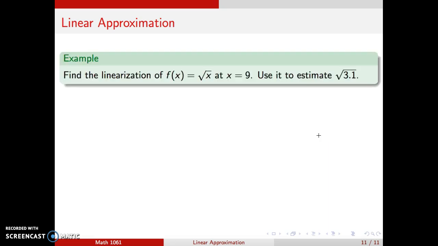With that in mind, we can look at an example. I've got this square root function, and what I really want to do is estimate the square root of 9.1. Sorry, I had a typo on the slide that said 3.1; I'll fix it on the slides you see.